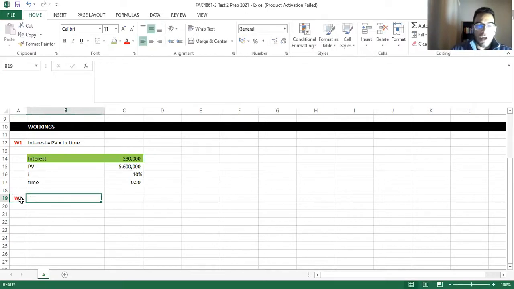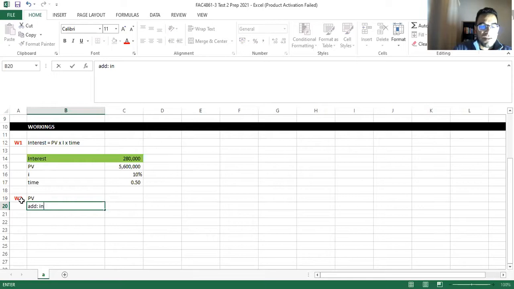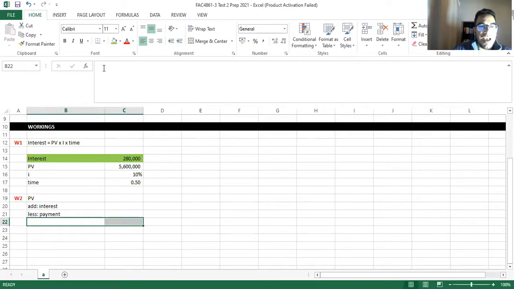That is the present value at the beginning of the year plus interest for the period less a payment for that period, and this will give us amortized cost at the date of sale.